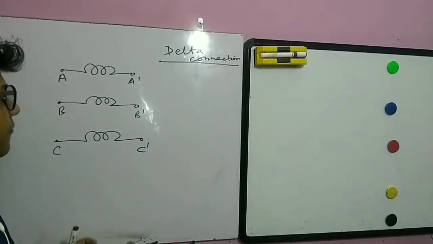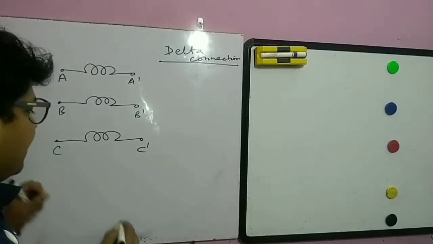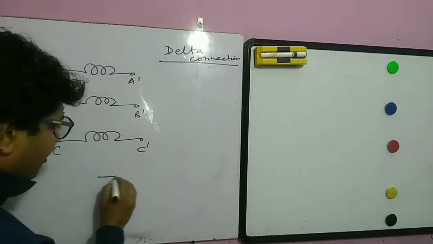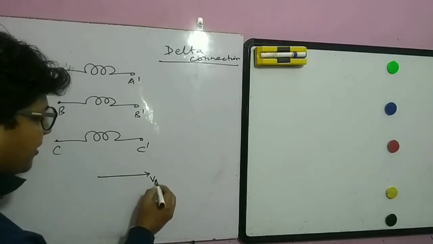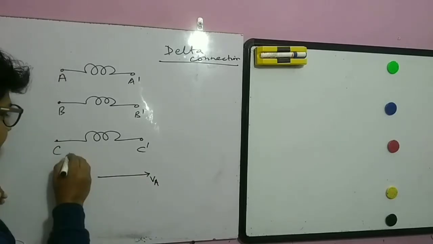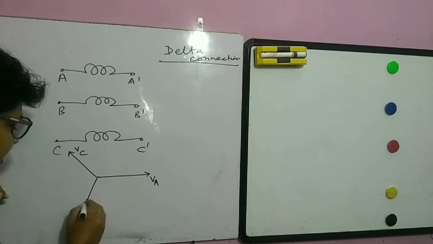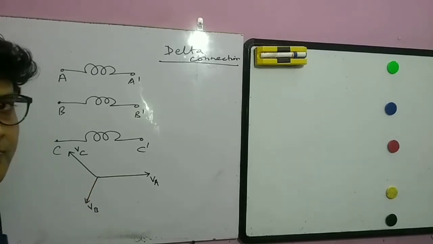Now we are provided with a balanced supply, and that supply has VA, phase voltage A, VC, and VB. We have got three phase voltages, right?